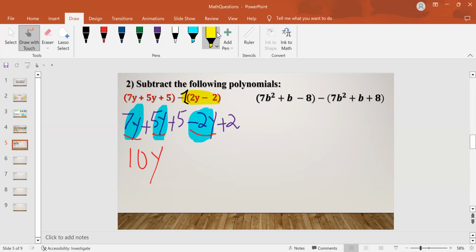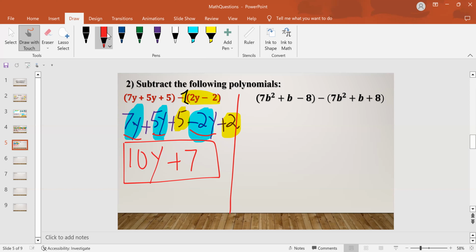The other like terms are positive 5 and the positive 2. If you combine positive 5 to positive 2, that gives you positive 7. So we have here plus 7. And yes, that's it. We cannot go further. So 10y and the 7 are not like terms, so we cannot combine them anymore.